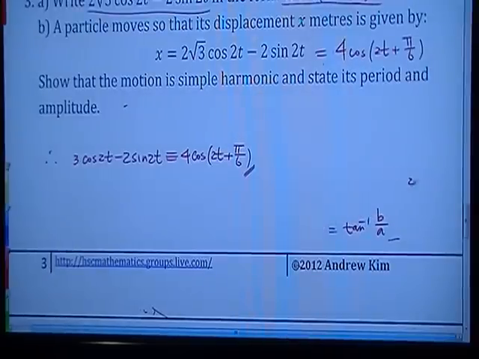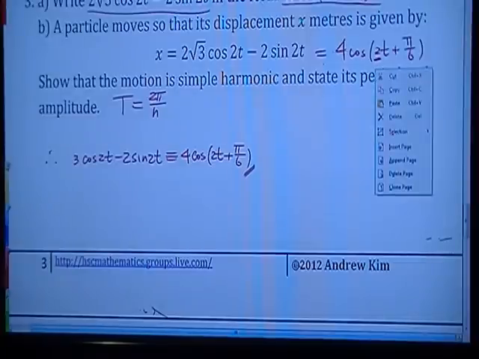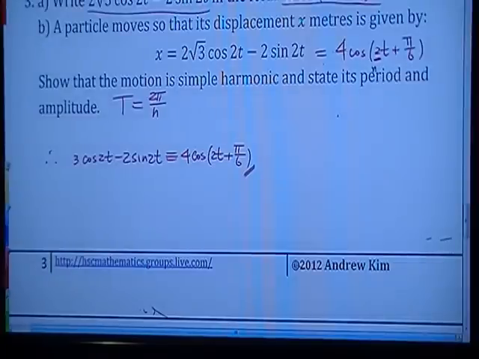First of all, we don't really need to do much for the period and amplitude. We can already get the period, time period equals 2 pi on n. Where's your n from? Here it is. Remember it was nt plus theta, and it was a cos.